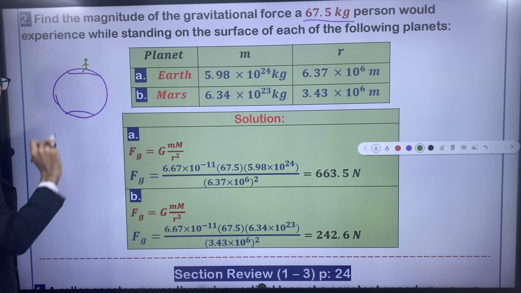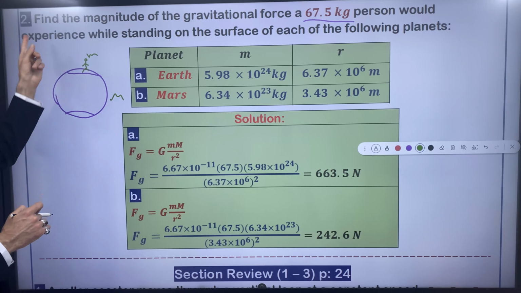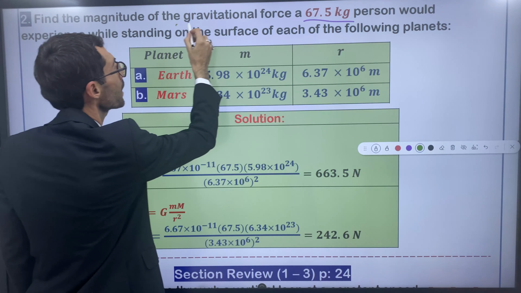This is the planet. There are two planets, Earth and Mars, right? The first one, mass of planet Earth, 5.98 times 10 to the 24 kilogram. R is equal to 6.37 times 10 to the 6 meters, right? So we look for what? We look for Fg, because we need to find the magnitude of the gravitational force.